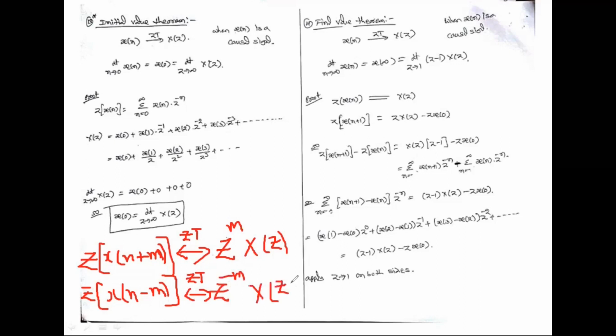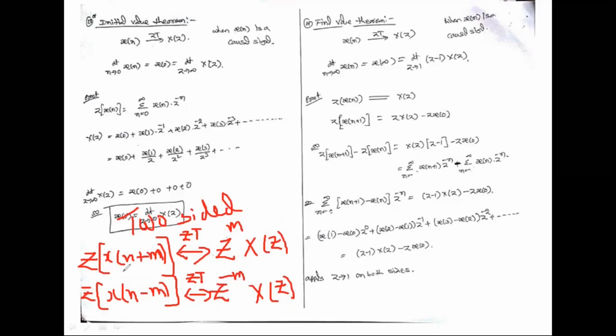So bilateral is nothing but the two-sided function. Got it, my dear students? For one-sided, one term is added to z power m x of z and z power minus m x of z.